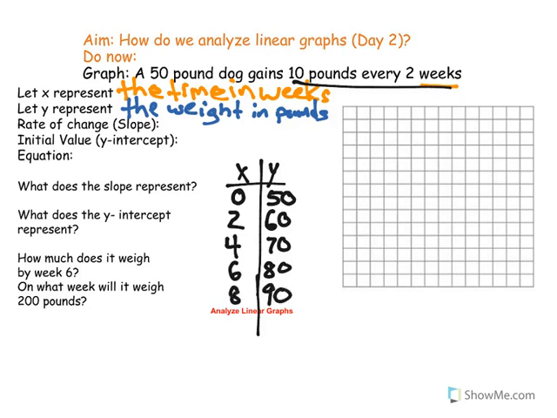So now I'm going to figure out what to label my x values. My x values are 0, 2, 4, 6, and 8. So I'm not going to use something big like 10s. I'm going to use either 1s or 2s. Just like I did in class, I can use 1s. So this is my time in weeks.